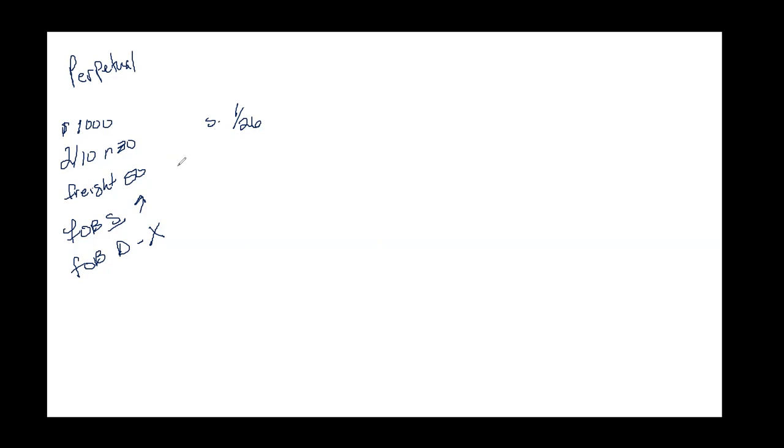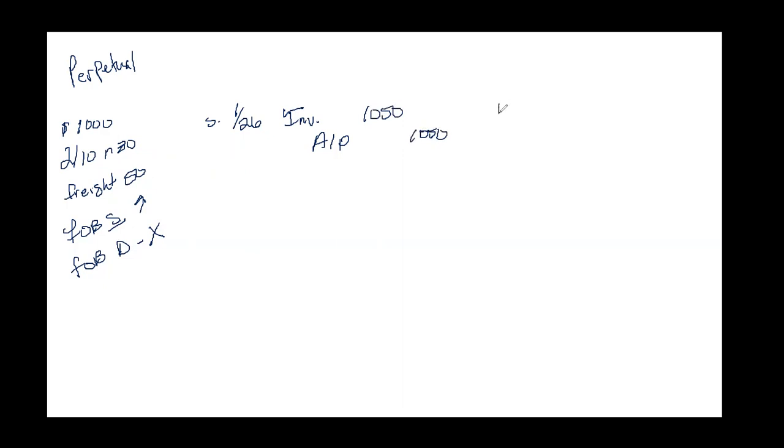Under periodic, you separate it out from purchases and freight in. But under perpetual, it all goes into the same. So we're all going to put it into inventory. So we're going to put the 1,050 in there, and we're going to put accounts payable 1,050.